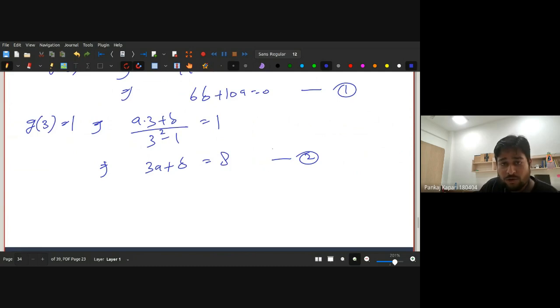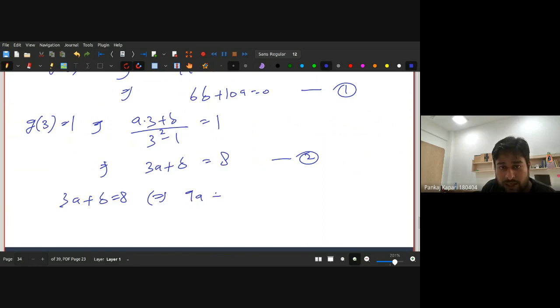So now we have to solve these two equations. So how do we solve? Now notice that 3a plus b is equal to 8. So what I will do, I'll multiply by 3.